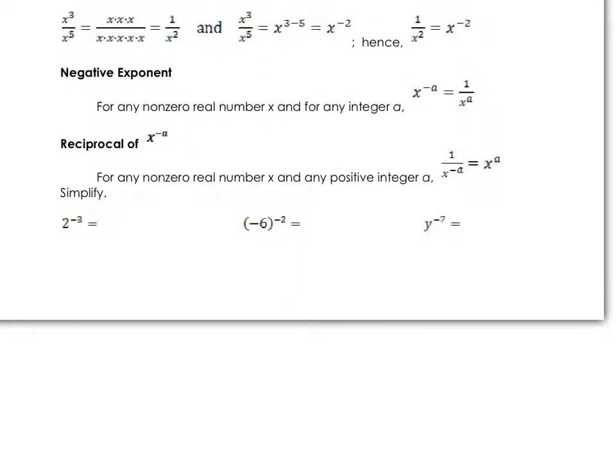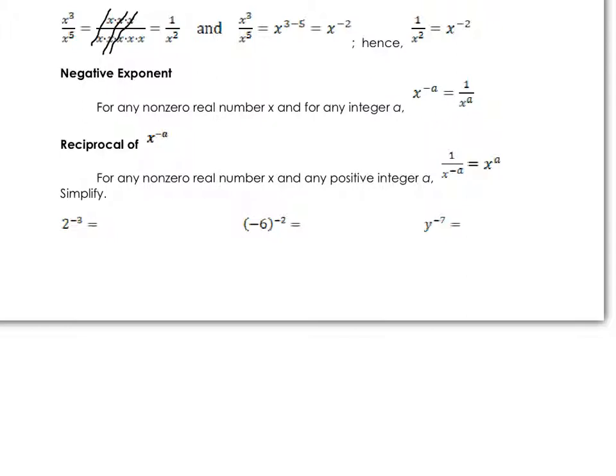So x to the third over x to the fifth, we can write that x to the third as 3 x's, x times x times x. X to the fifth, x times x times x times x times x. So we can cancel x over x is 1, x over x is 1, and x over x is 1.